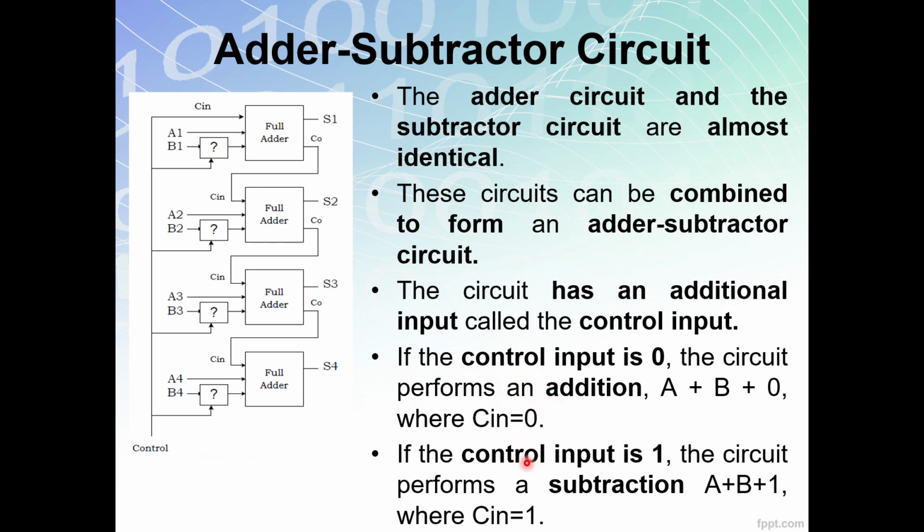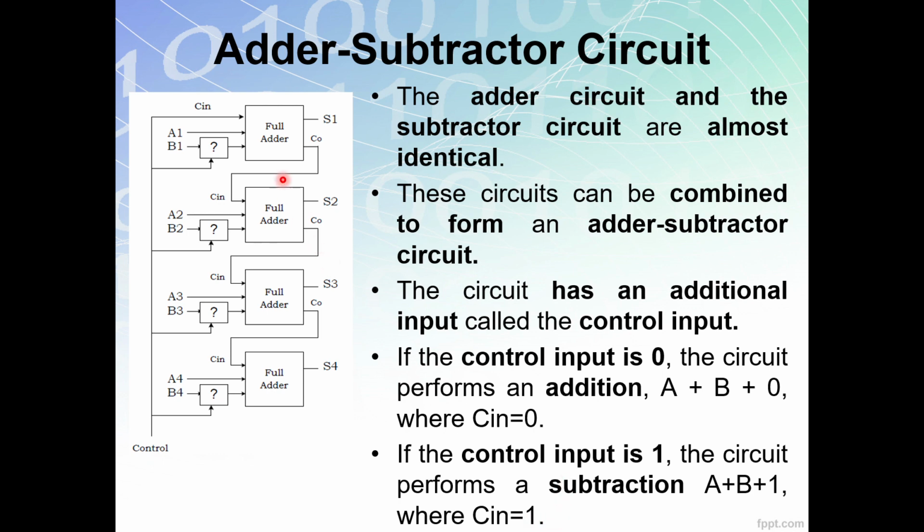If you want to do the subtraction, your control input will automatically become 1, always 1, and the circuit will perform the subtraction because we have A plus B bar plus 1. Therefore the first bit of the full adder for the adder-subtractor becomes 1.